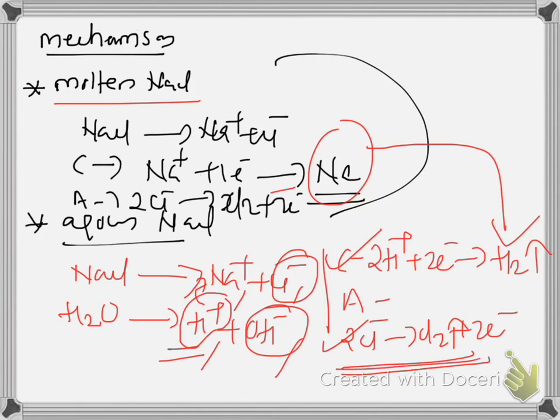After the removal of H+ as hydrogen and Cl− as Cl2, our reaction vessel contains NaOH. So this is the process of preparation of sodium hydroxide, the Nelson cell process.